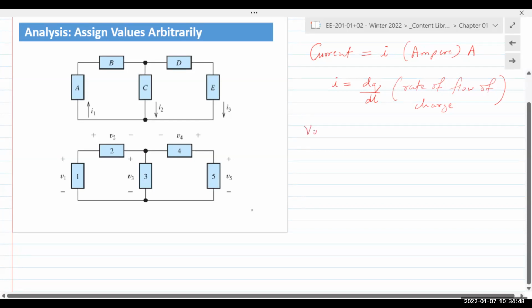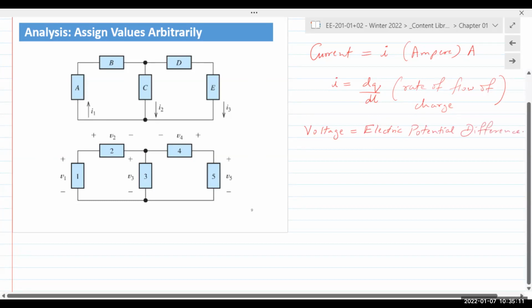And then voltage is the difference in electric potential. So electric potential difference, right?